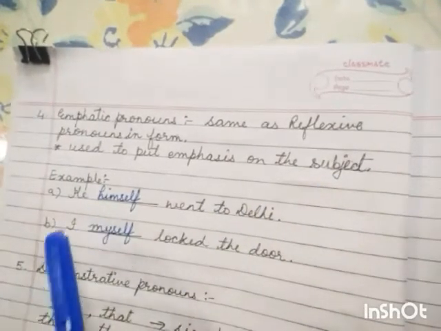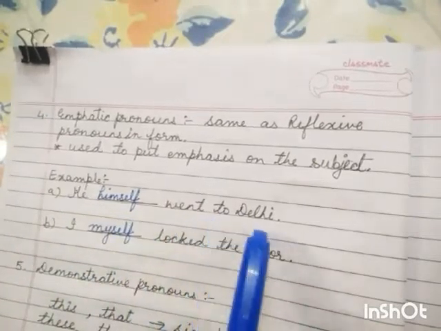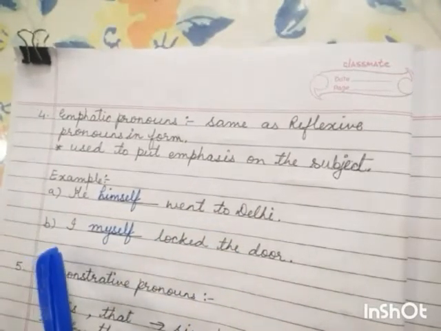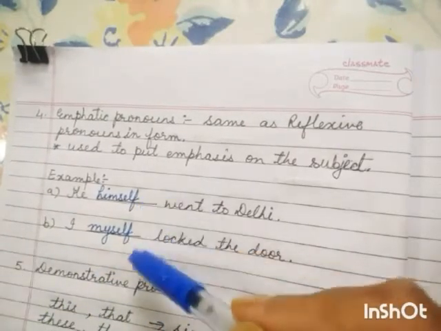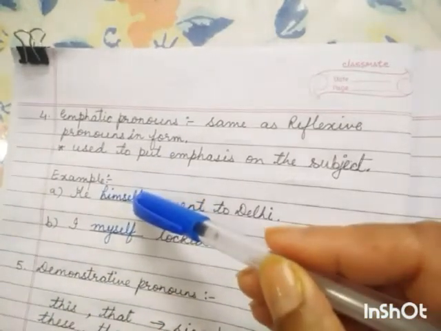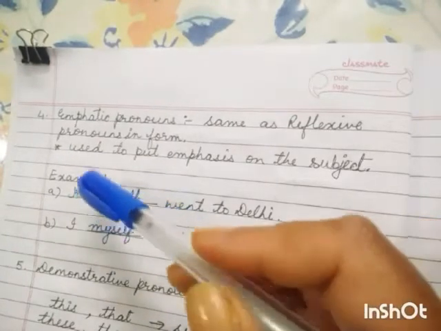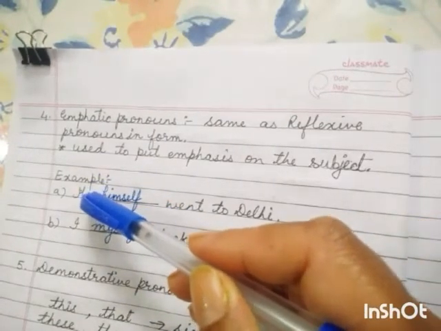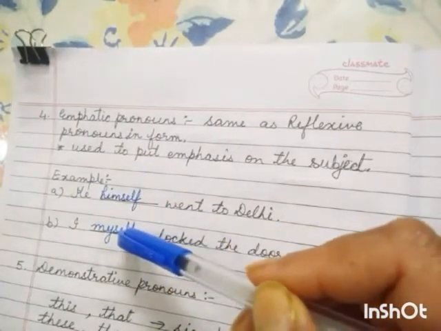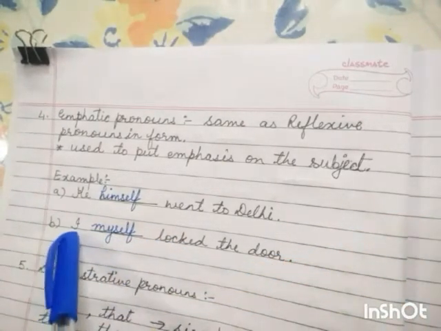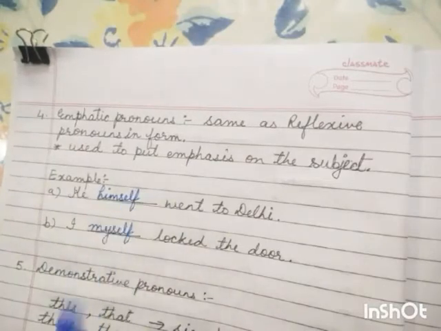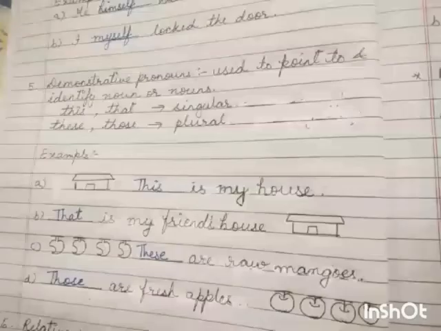For example, he himself went to Delhi, and the next one, I myself locked the door. Now in both these sentences, himself is putting emphasis on the subject he, and myself is putting more emphasis on the subject I. So these are called emphatic pronouns.